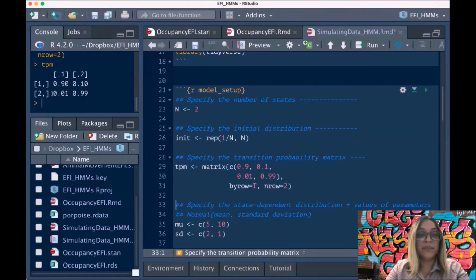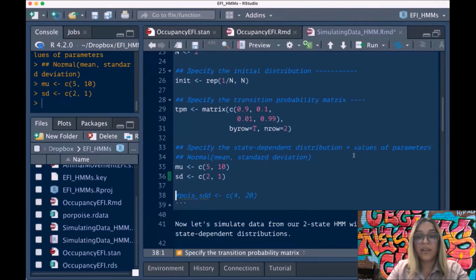Given that we're in state 2, with 1% probability we'll switch to state 1, sorry, and with 99% probability we'll remain in state 2. Given that this is 0.99 versus 0.9, we expect longer persistence in state 2 than there typically is in state 1. So we'll have longer bouts of state 2 versus state 1.